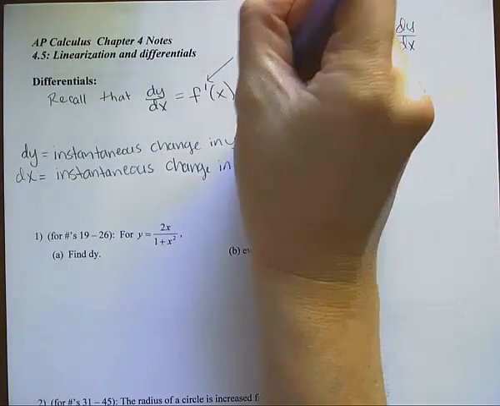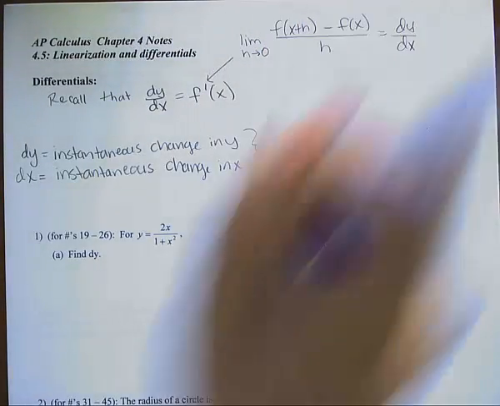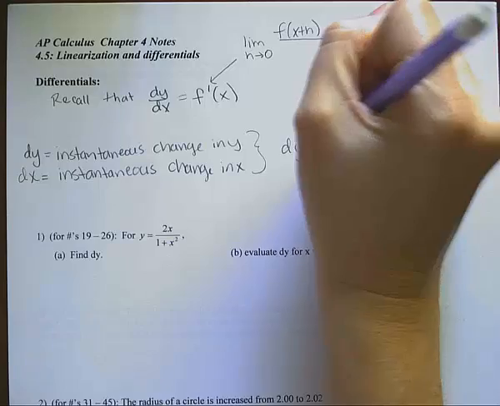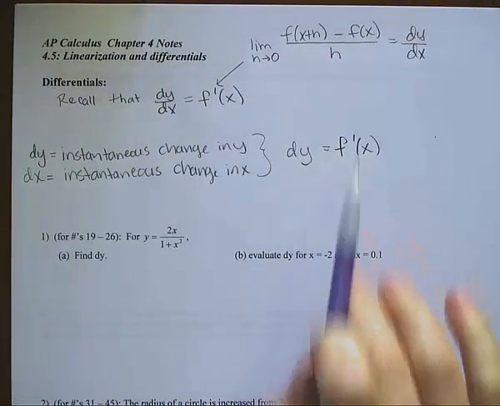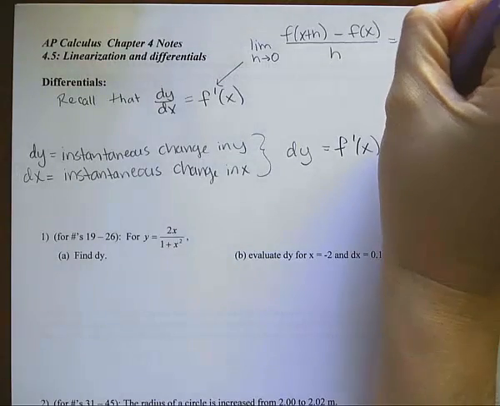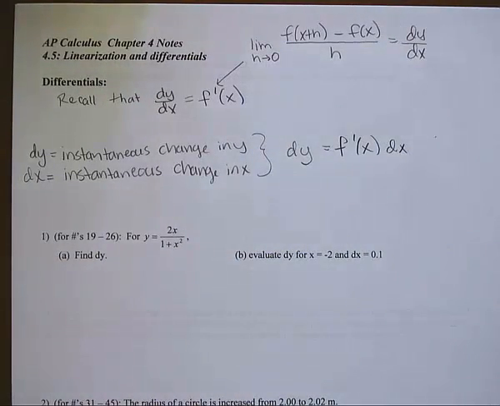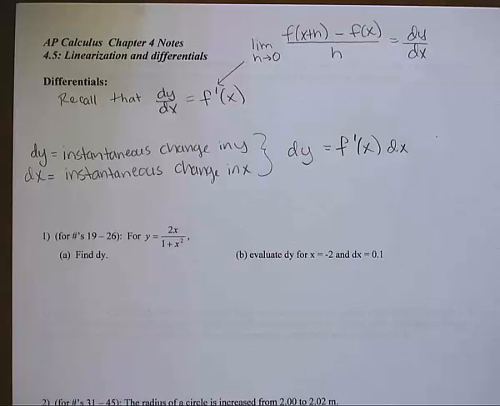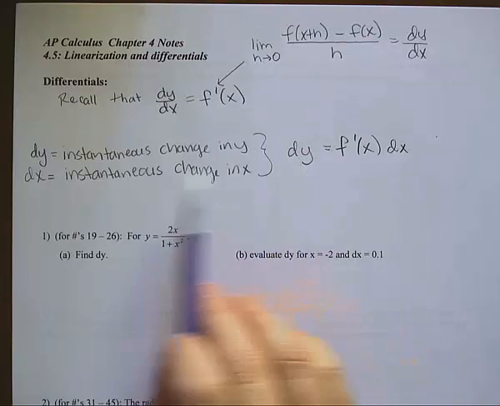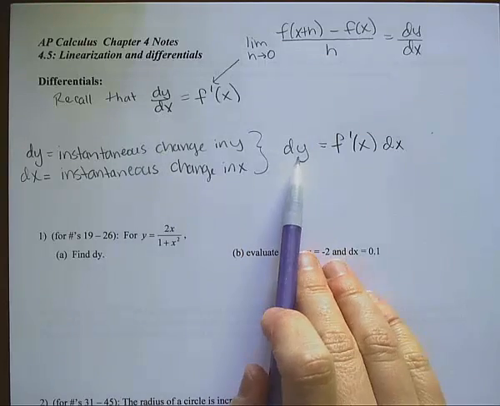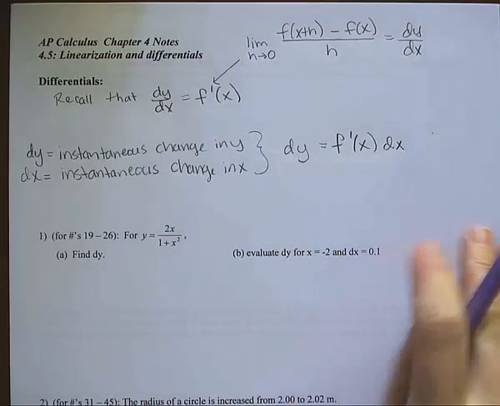And so we could think of the instantaneous change in y as being equal to the derivative of f, the rate of change, the dy dx, times the instantaneous change in x. And then this allows us to find just the change in y. Forget about change in y over change in x, just the change in y given a change in x.